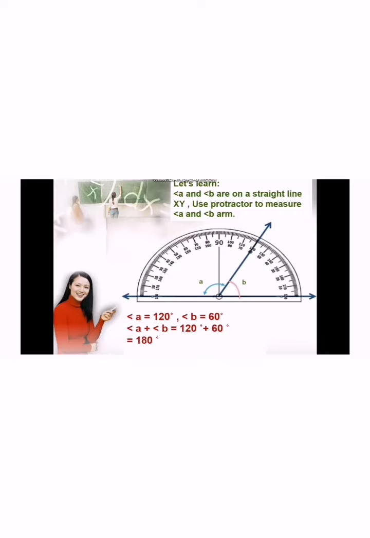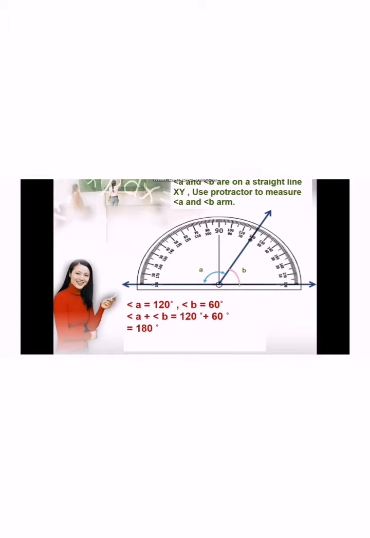Let's have an example. We use a protractor to measure the size of the angle. Now we have two angles, angle A and angle B. The measurement of angle A is 120 degrees and the measurement of angle B is 60 degrees.